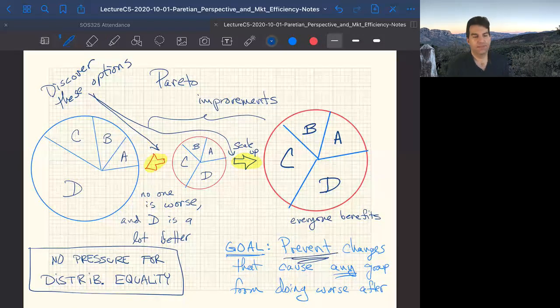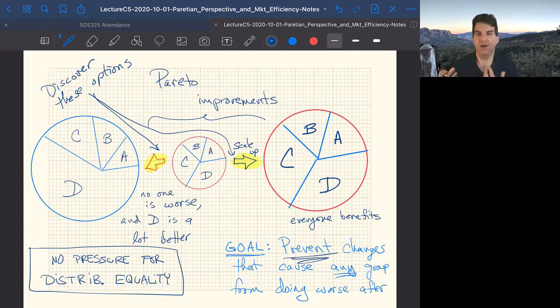Okay. Now, a big question here is: is Pareto efficiency practical? Are Pareto improvements something that we actually can seek out in the real world? Does anybody see a problem with saying that I am only going to pursue policy changes that are going to be good for everyone, or at least not hurt someone?